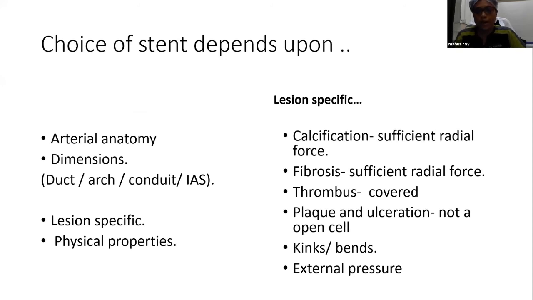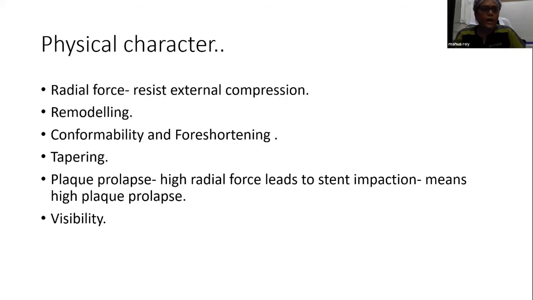If we are dealing with a lesion with increased propensity to thrombus formation, then we should take a stent with a cover. Whereas, what about the physical character? I have already mentioned we need a good radial strength stent when we are dealing with a possibility of external compression.